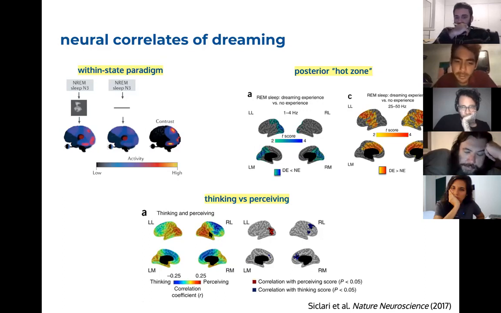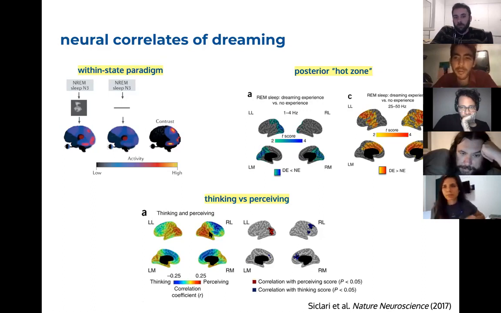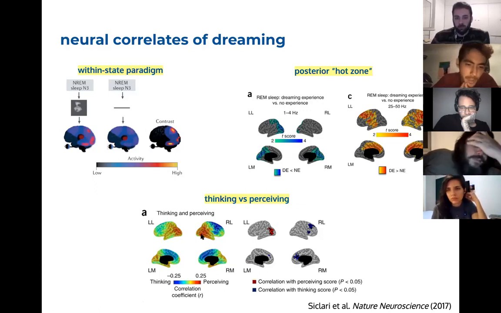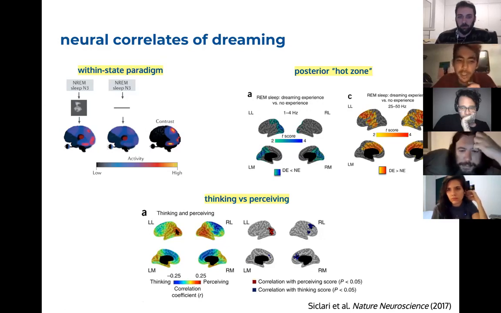And another thing that I think is really cool is that if you parse the content of the dream between dreams that are more perceptual and those that are more conceptual, like pure thoughts versus purely perceptual dreams, you get this nice gradient from front to back, in which more frontal regions are related to dreams about thinking, and more posterior regions to dreams about perception.